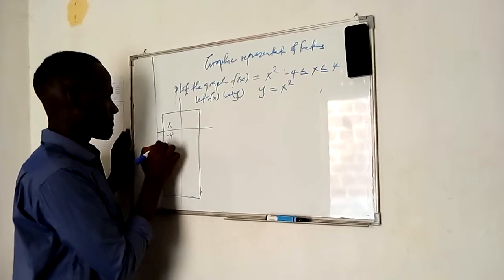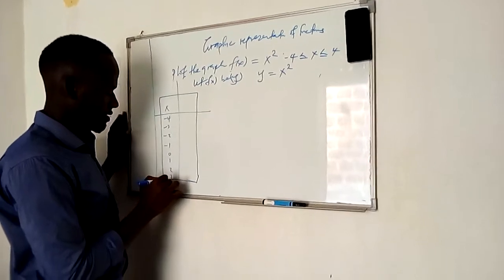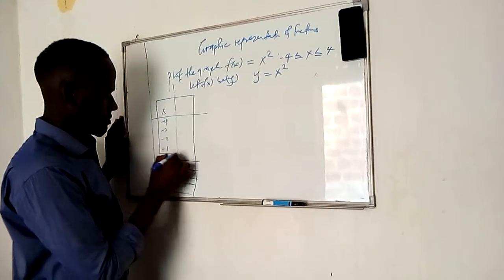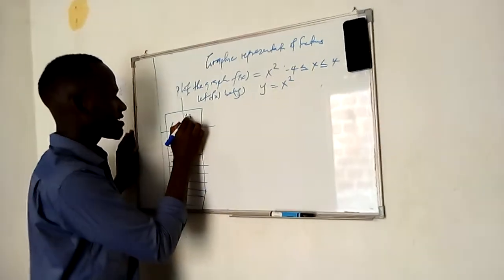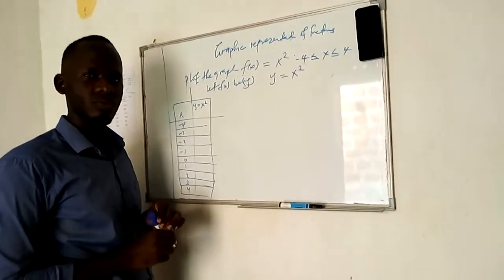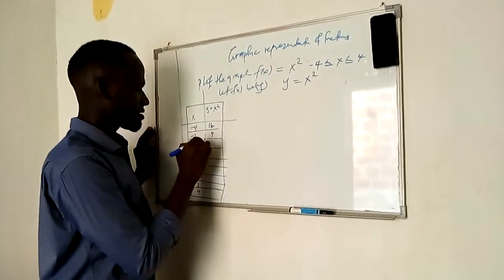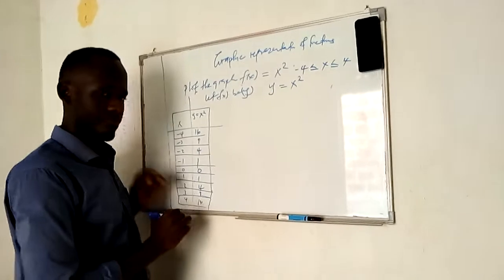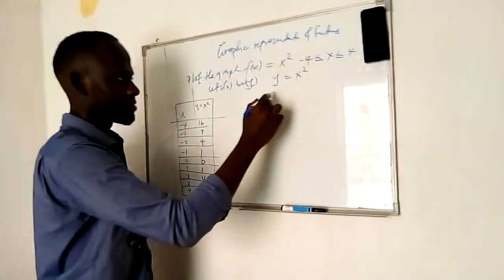Our x values are -4, -3, -2, -1, 0, 1, 2, 3, 4. After here, we also want to find y, but y is given by x squared. So when we are looking for y, we have to square this, which gives us 16. This gives us 9. This gives us 4. This gives us 1. This gives us 0. Then 1, 4, 9, 16. So after getting these figures, we start drawing our scale.